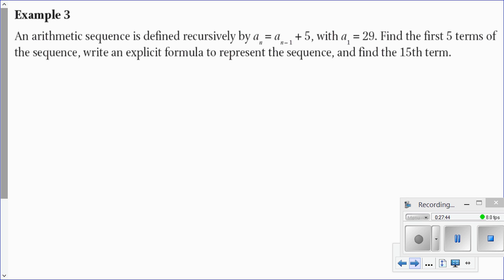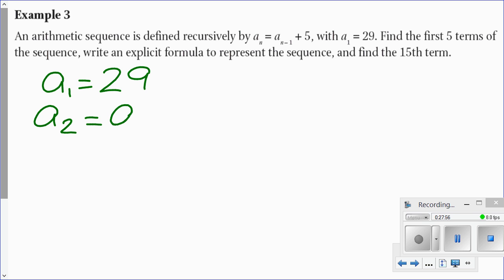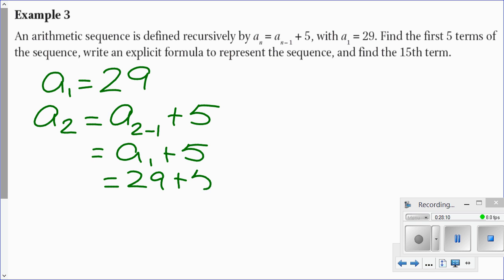So this says find the first 5 terms. So we already know a sub 1 is 29. So a sub 2, according to the formula, is a sub 2 minus 1 plus 5. So that's a sub 1 plus 5. So it's 29 plus 5, 34. Do you have to go through all those steps every time? Absolutely not.